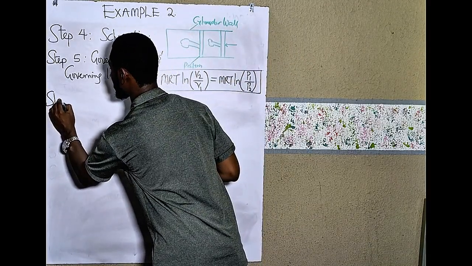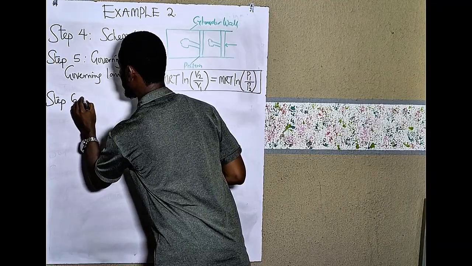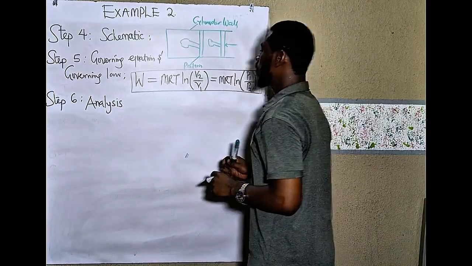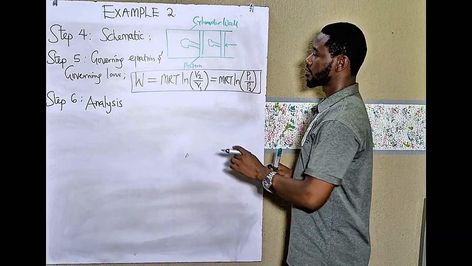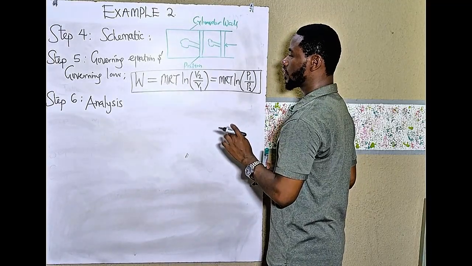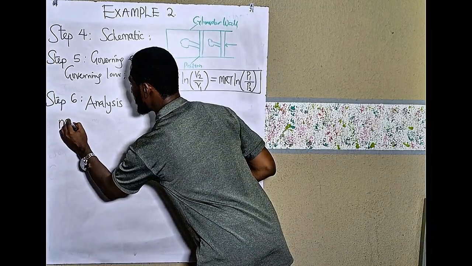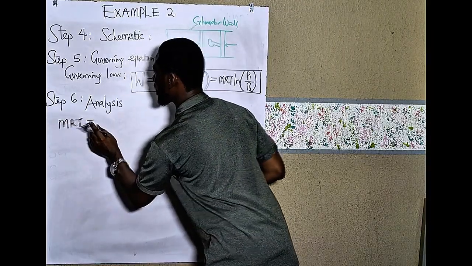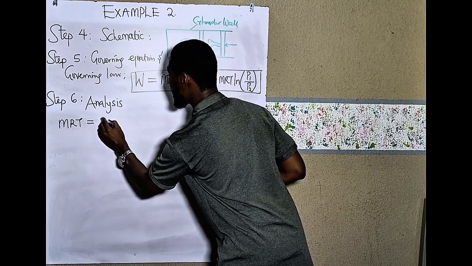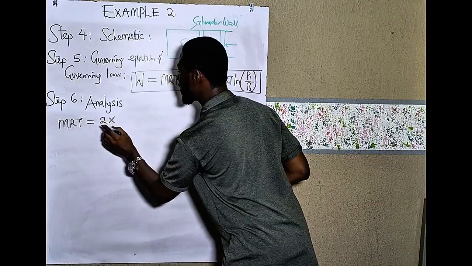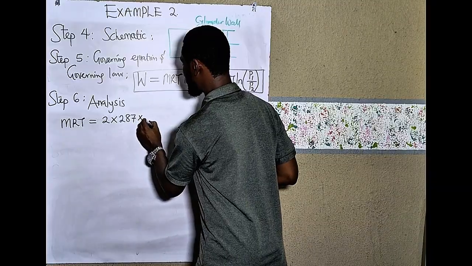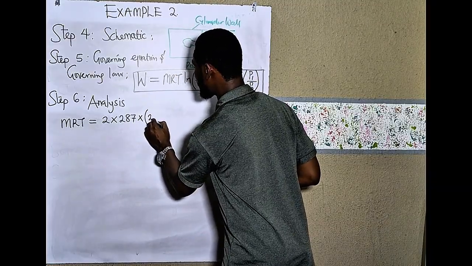Step 6. Analysis. We look at the equation, we solve term by term. We solve for mRT, then thereafter we solve for ln V2 over V1. mRT equals, the mass is 2 kilogram multiplied by the gas constant 287 multiplied by the temperature, which is 27 degrees Celsius.